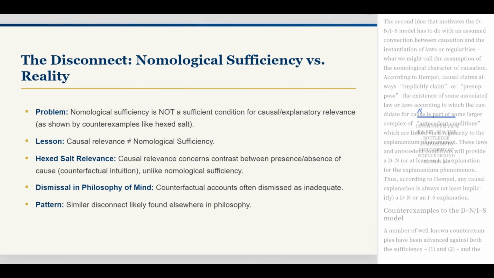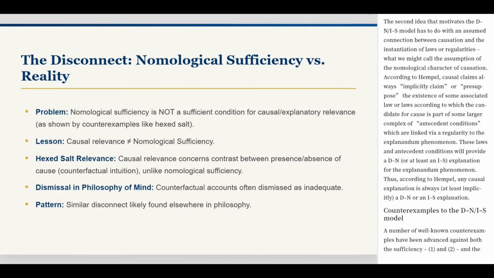The problem, as we've seen, is that nomological sufficiency, being part of a sufficient condition according to a law, is not the same thing as causal relevance or explanatory power. The hexed salt example screams this difference. Causal relevance, it seems, is more about contrast, what happens when the cause is present versus absent. This naturally points towards counterfactual ideas.